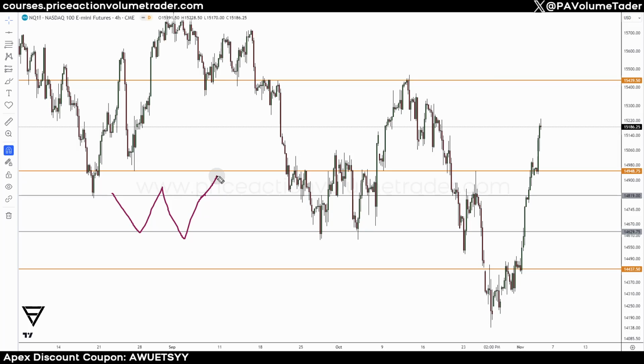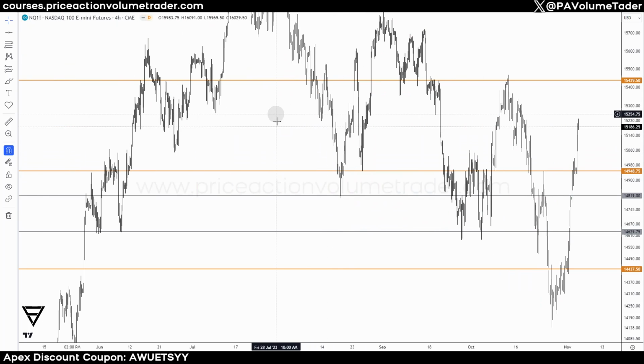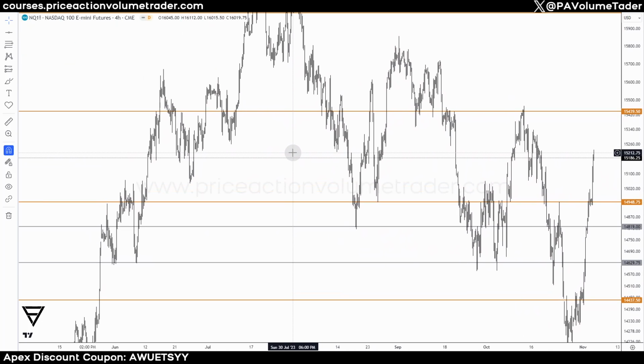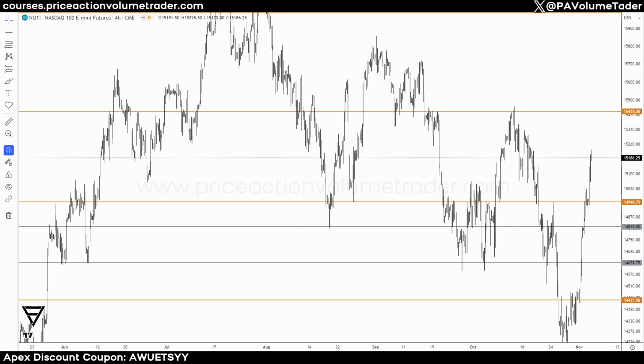And once we clearly break above a level and retest it, we'll usually expect a reaction with the trend in the direction of the breakout. If we go further up here, right into this area, I know that I'm very zoomed out, but mostly I'm just looking for the edges of price right here.